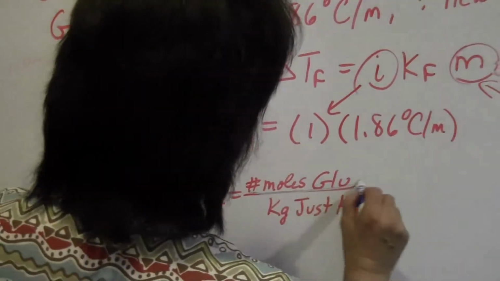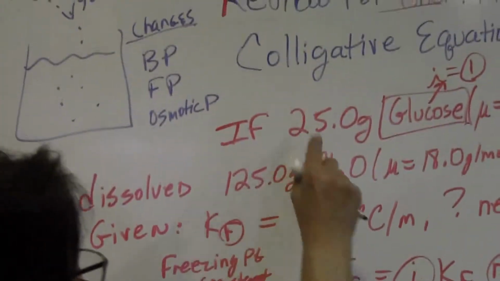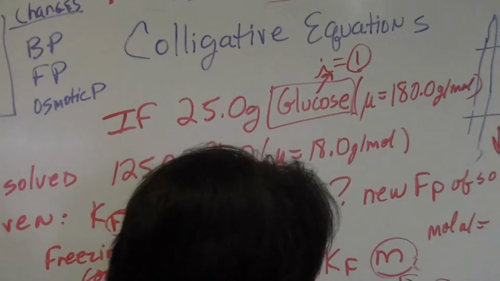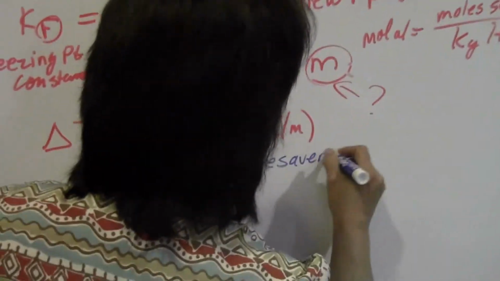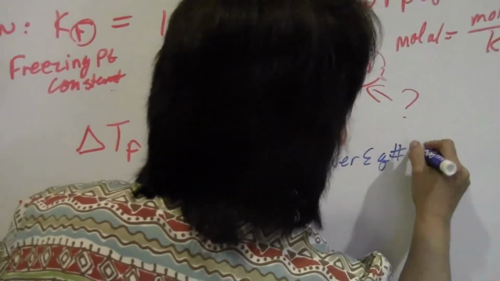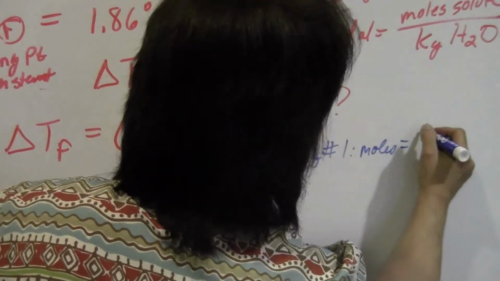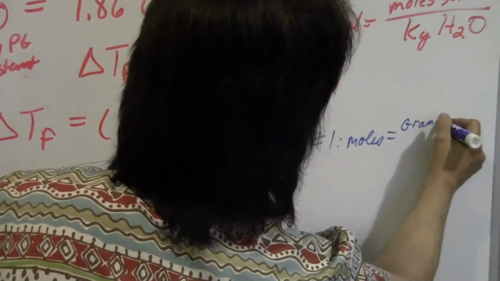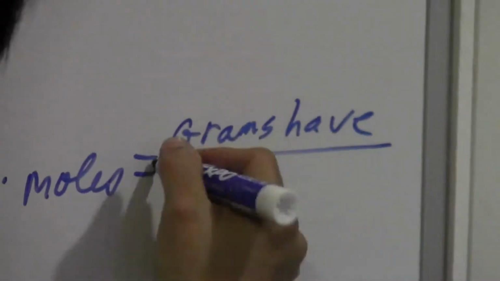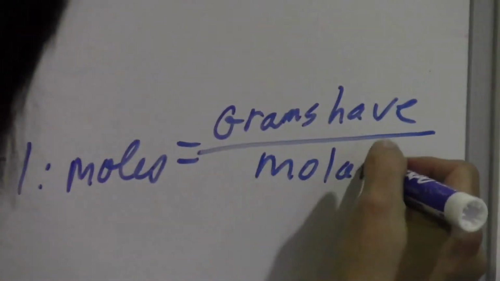But they did give us grams, and so we can use our lifesaver equation number 1, which tells us that the number of moles equals the mass you have divided by the molar mass, which they gave us.